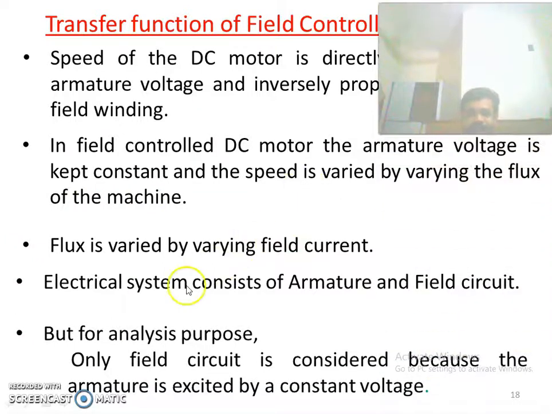The electrical system consists of armature circuit and field circuit, but for analysis purpose only field circuit is considered, because the armature is excited by a constant voltage, or the armature voltage is kept constant.